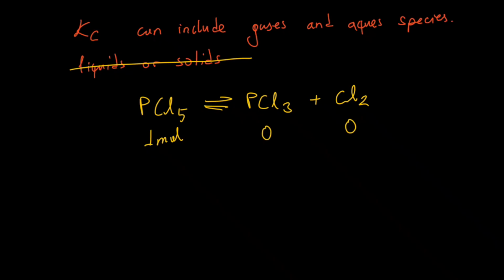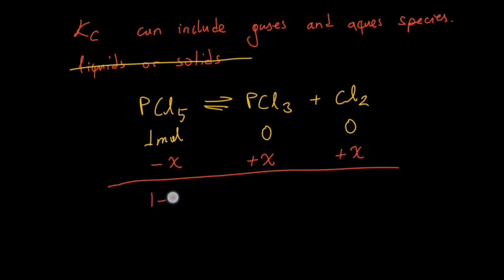Okay, and what will change after the reaction happens? Firstly, PCl5 decreases, let's say minus X. If it drops by minus X, then PCl3 increases by plus X and Cl2 increases by plus X. And at equilibrium, I will add them up: 1 minus X plus X plus X. And this reaction has an equilibrium constant.